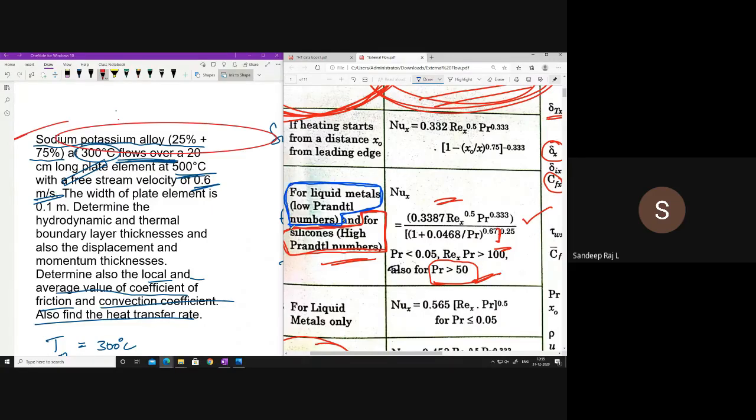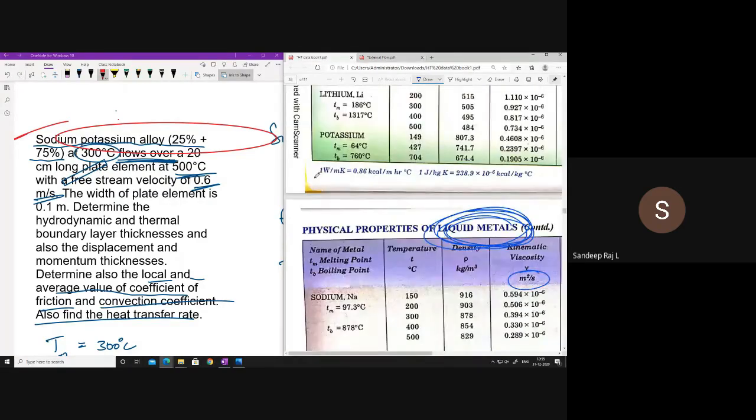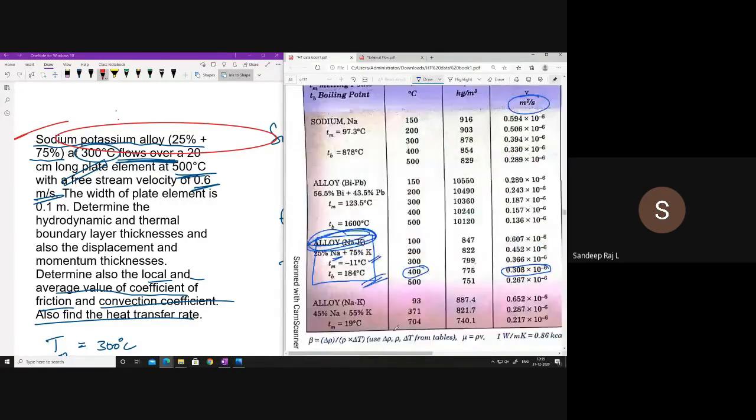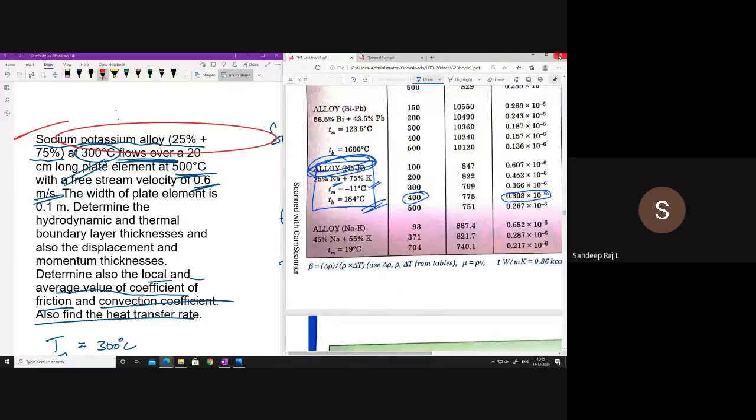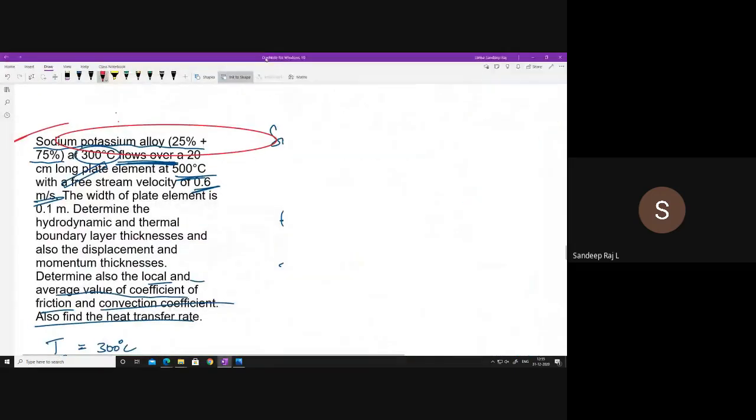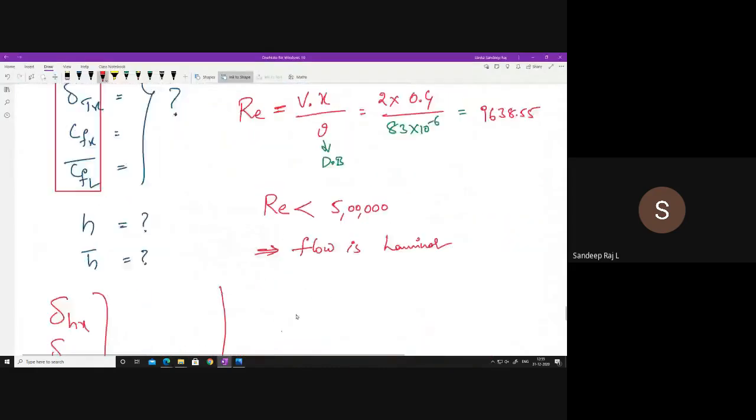The Prandtl number value is less than 0.05. So you can use this formula even for the previous case.